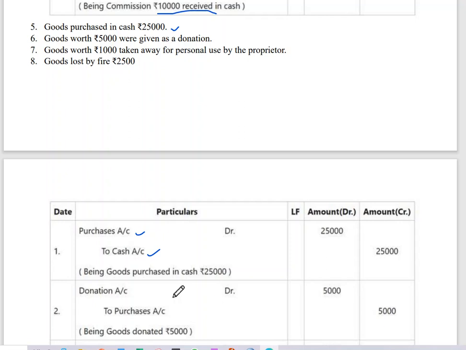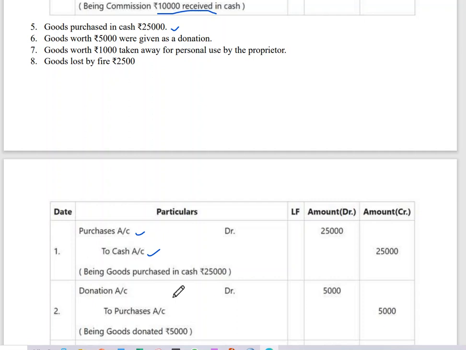So we have to show in the purchase account that we purchased 25,000 worth of goods, and out of 25,000, 5,000 rupees of goods are donated. The balance is 20,000. Like that we have to show it in the ledger books, when you are preparing the ledger after these journal entries.